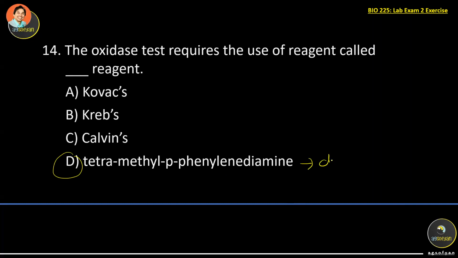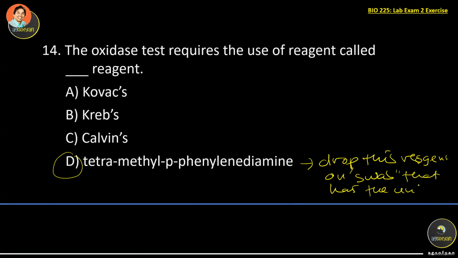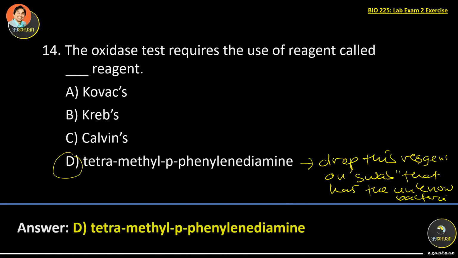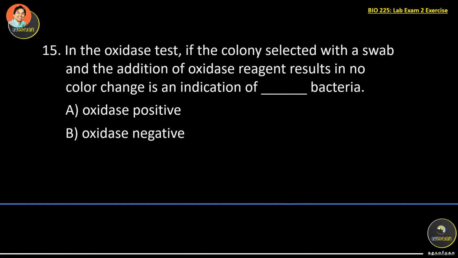Okay, it's actually gonna drop this reagent on the swab. Okay, the swab that has the unknown bacteria. So the reagent is called the tetramethyl-p-phenylenediamine.